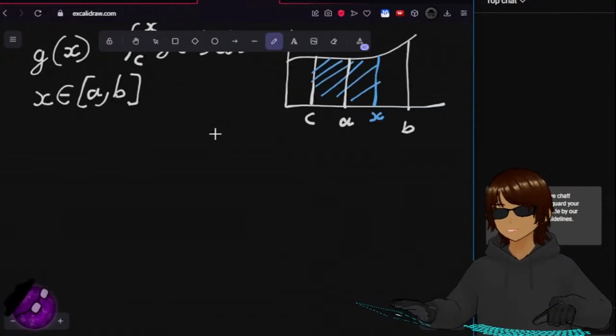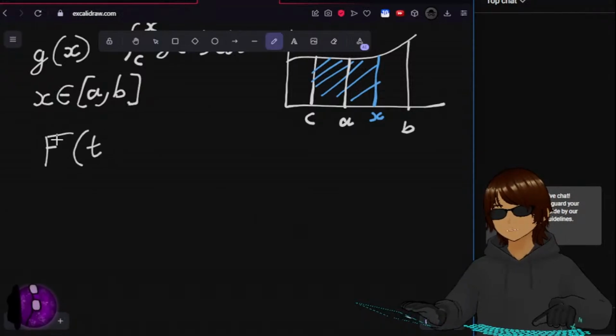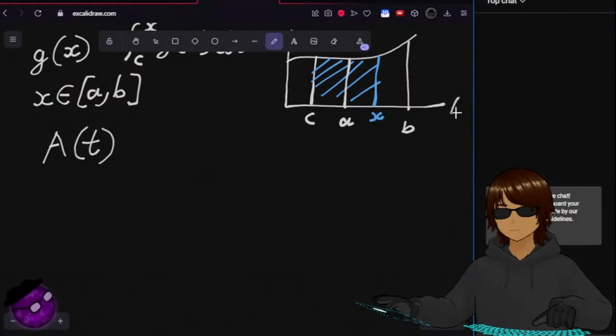So the second fundamental theorem also, I should add that f of t, this over here is t. I should actually call it a of t, which is the antiderivative.